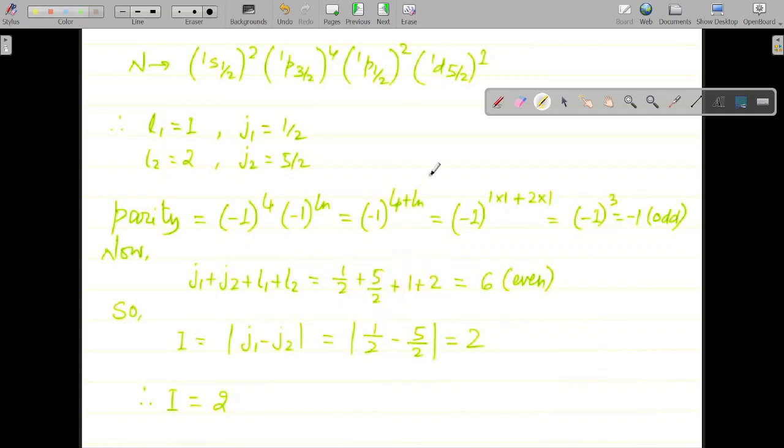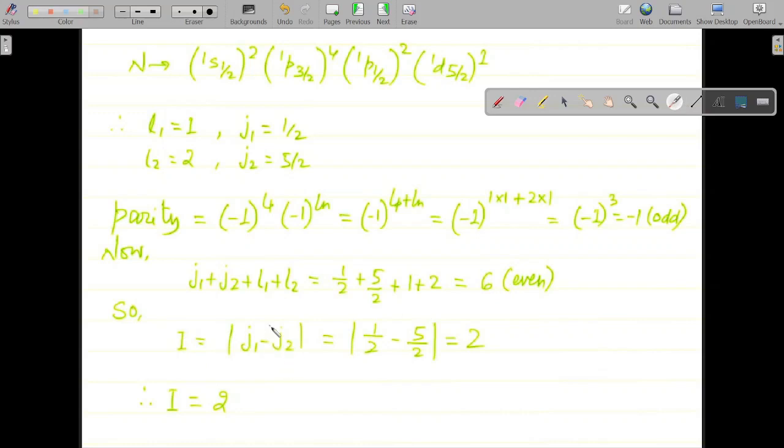So when you add all these things, what is the value you get for J1 plus J2 plus L1 plus L2? We get the value to be equal to 6, which is even, right? 6 is an even number. Now as 6 is an even number, clearly the value of I will be given by J1 minus J2 in this particular case.